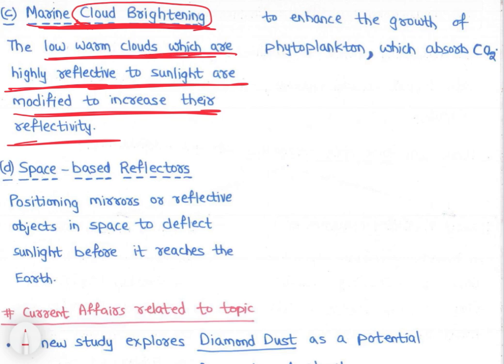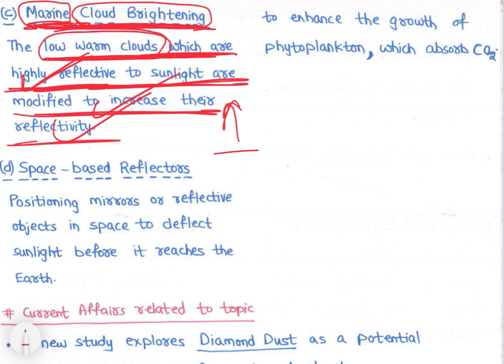Low warm clouds which are highly reflective are modified to increase their reflectivity, so that sunlight reflects away and doesn't reach the earth's surface. They are present in marine areas over oceans, so make them brighter so that reflection capacity increases.